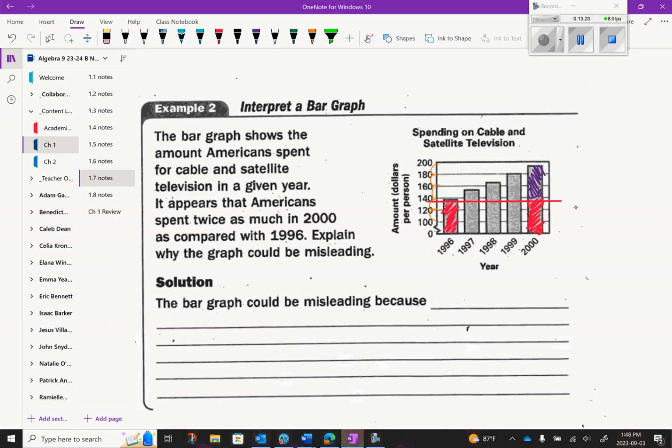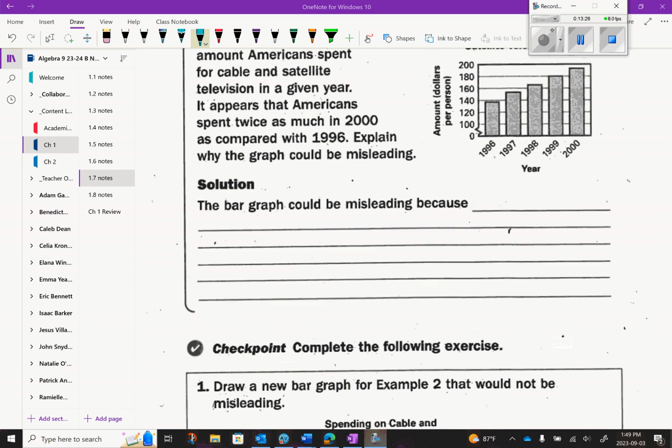So again, I would say the bar graph could be misleading because the scale shown on the left side has a break in the numbering.